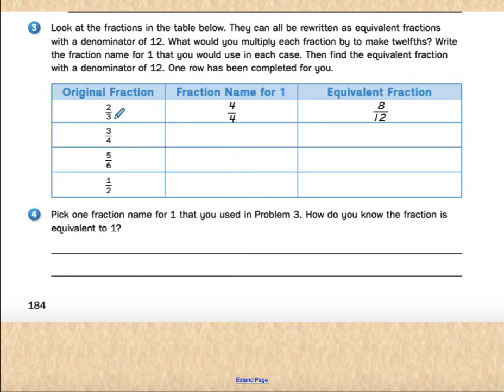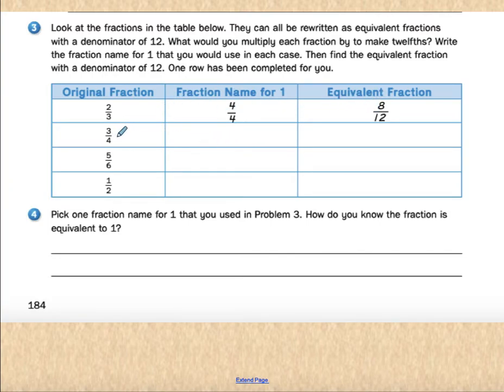If we look at the first one, the example, we have 2/3. What would we take 3 times to get a denominator of 12? Well, it would be 4. So our new fraction name for 1 that we would write is 4 in the denominator and 4 in the numerator. And then we just multiply straight across. 2 times 4 is 8. 3 times 4 is 12.